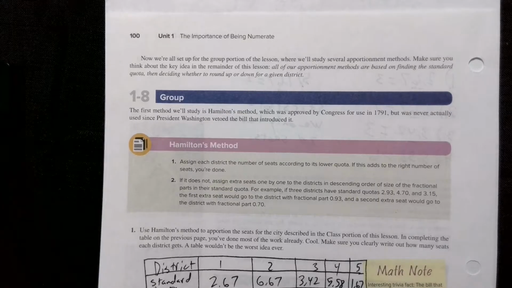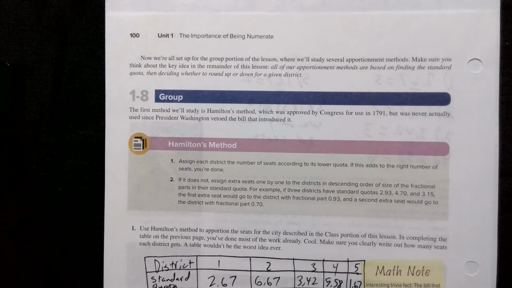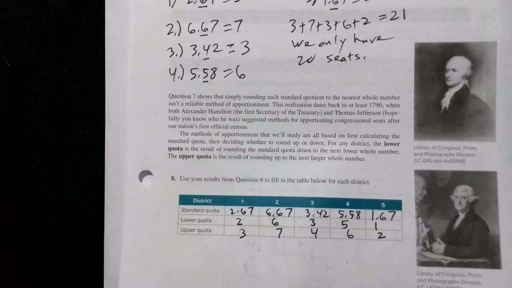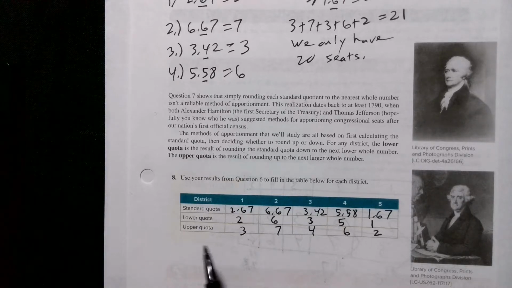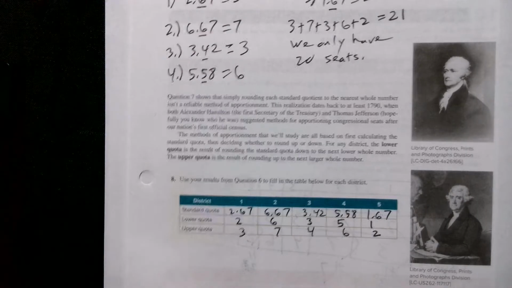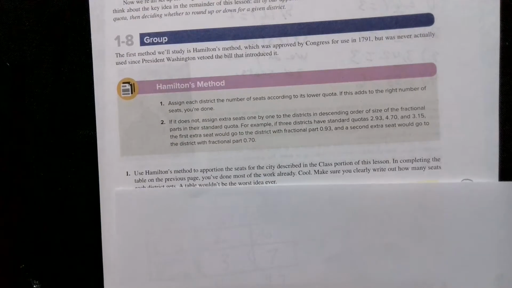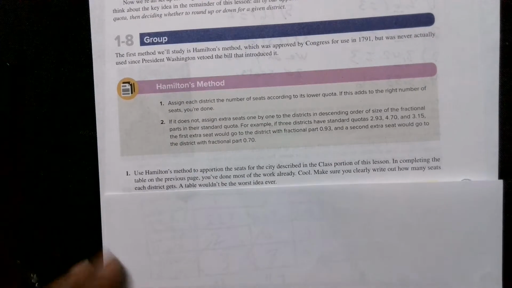Okay, we will look back on the previous page, which shows the table that we actually need to use. So what we need to do on page 100, for number 1, we would need to draw that table.